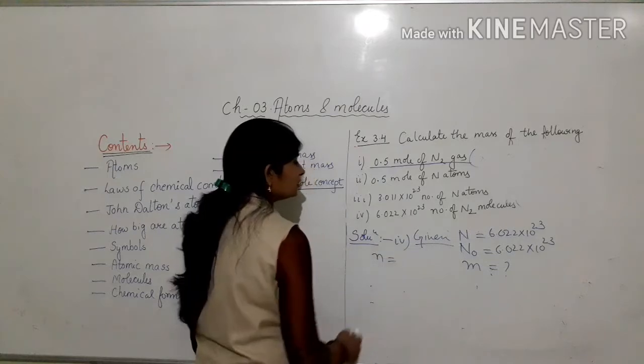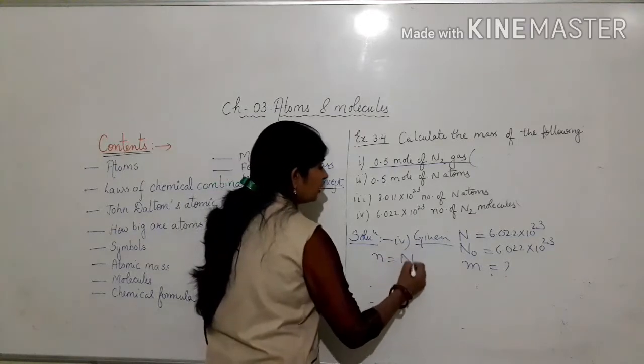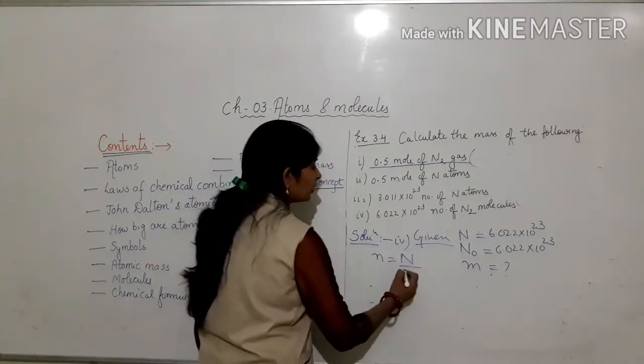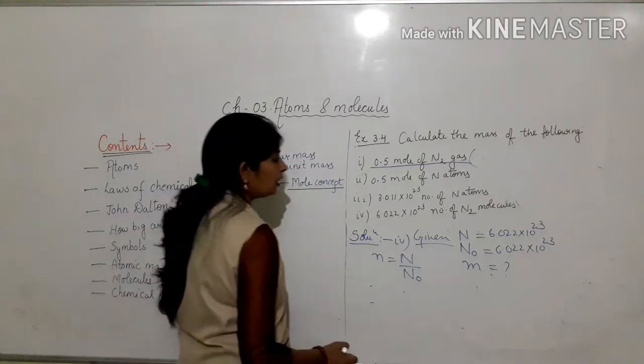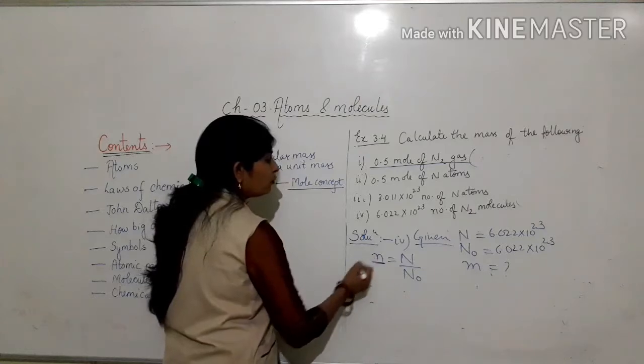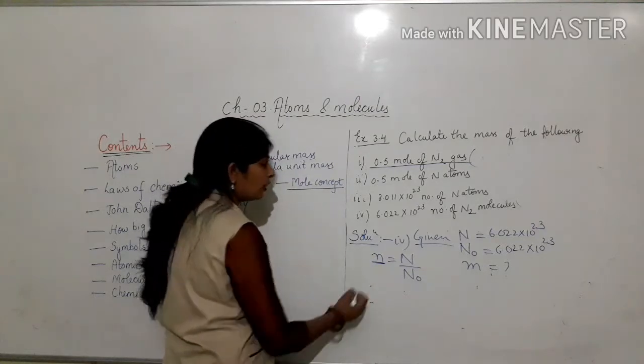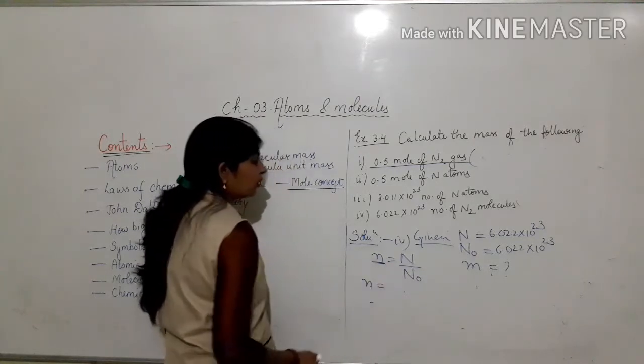First of all we will apply the formula. Number of moles is equal to number of particles upon Avogadro constant. Small n is equal to capital N upon N naught. Number of moles, small n, is not given, we have to calculate it.